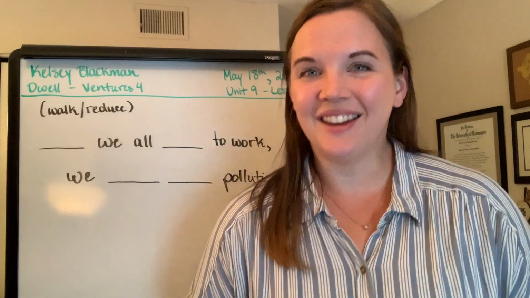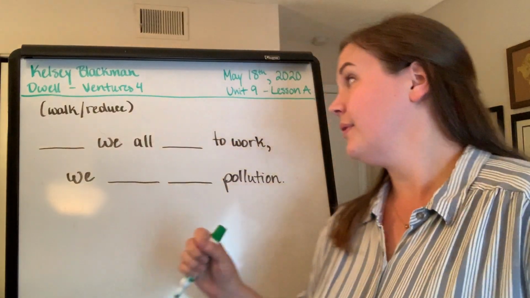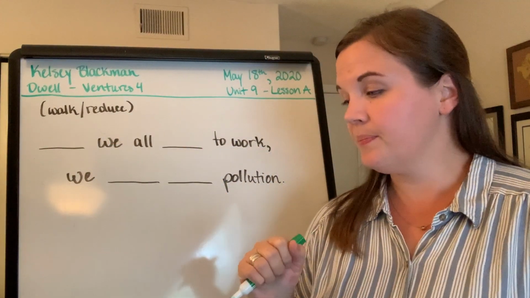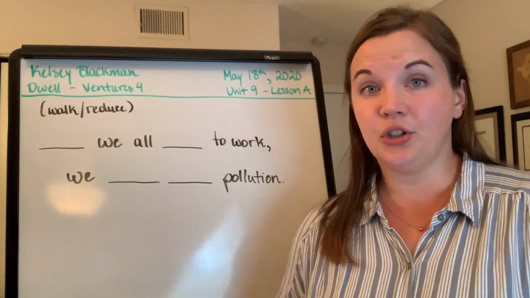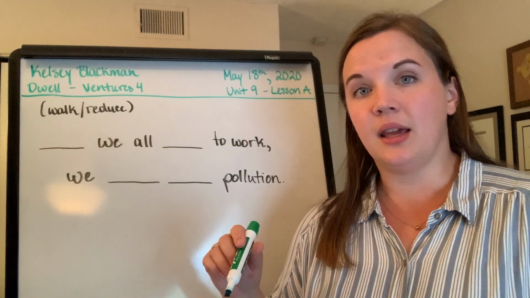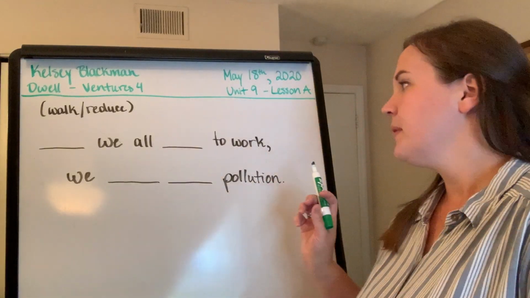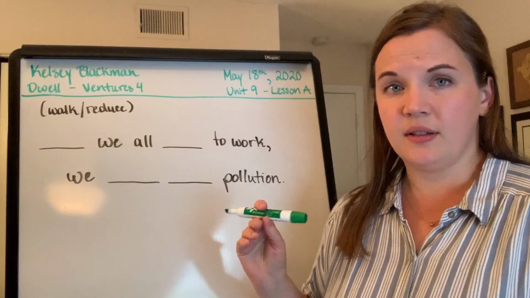Okay. Now we're ready. So if you remember, we've got verbs here. We've got 2 clauses. One is the if clause, also known as the conditional. And one of them is the results clause, right? Which one of these clauses is going to have if?